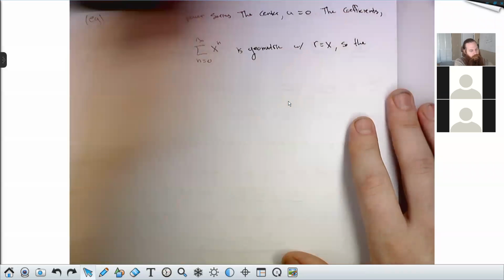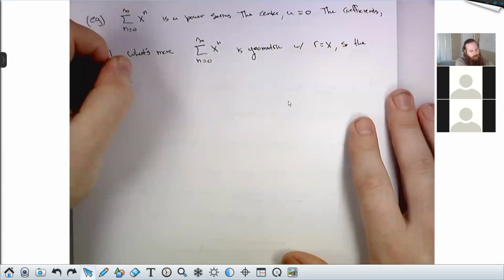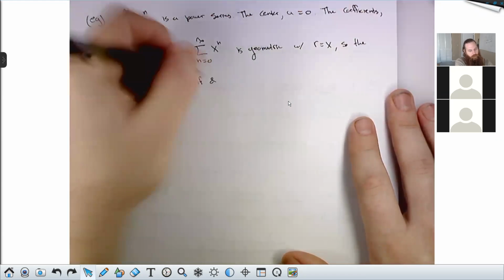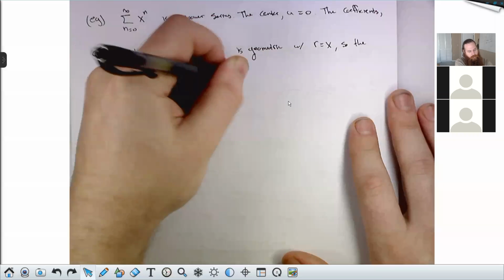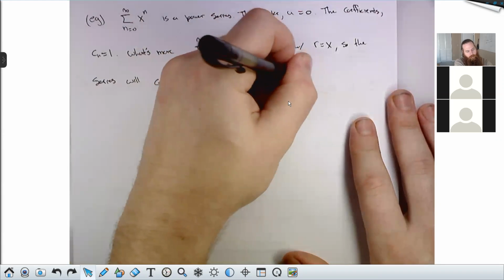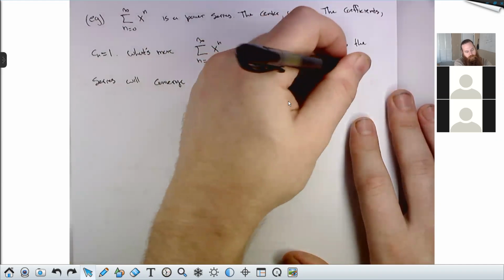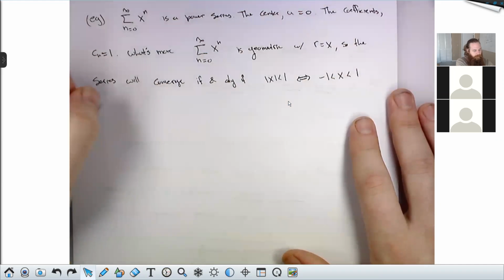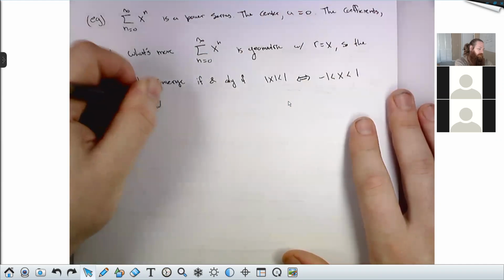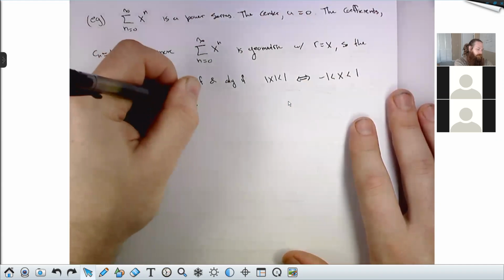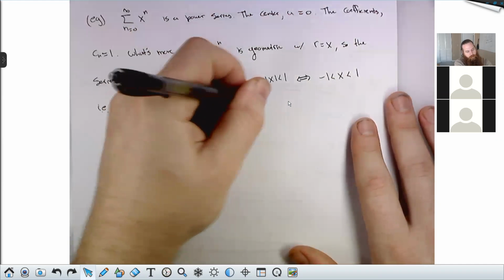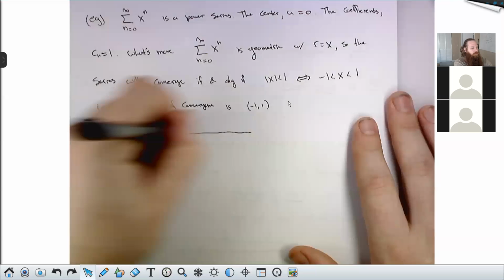So the series will converge if and only if the absolute value of x is less than 1, which is the same as saying -1 is less than x is less than 1, i.e., the interval of convergence is the open interval from -1 to 1, which we can draw.